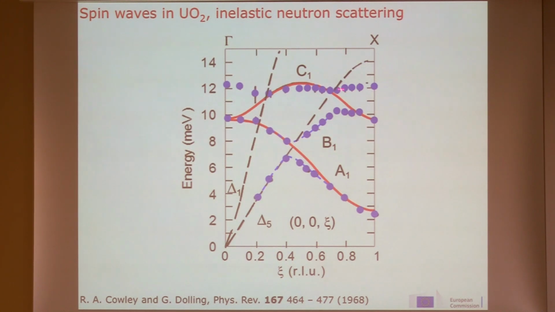Instead, the experimental data showed 3 branches, this one and this one, with strong intensities at the gamma point and a gap of about 2 milli-electron-volts. Many attempts were made theoretically to try to reproduce this spectrum, but there was no way out.